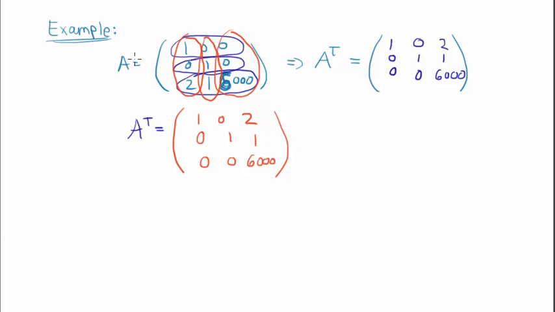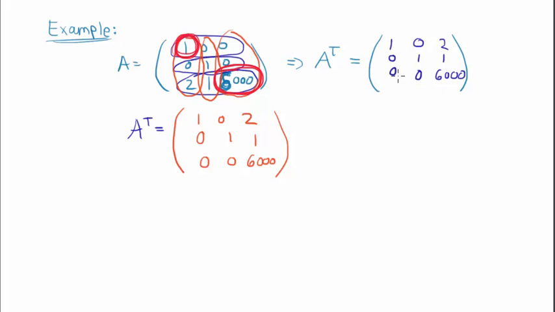One way you can check if you did it right is if the first element, which is the 1 over here, and the last element, which is the 6,000 over here, have to be exactly the same. The transpose will not change them.